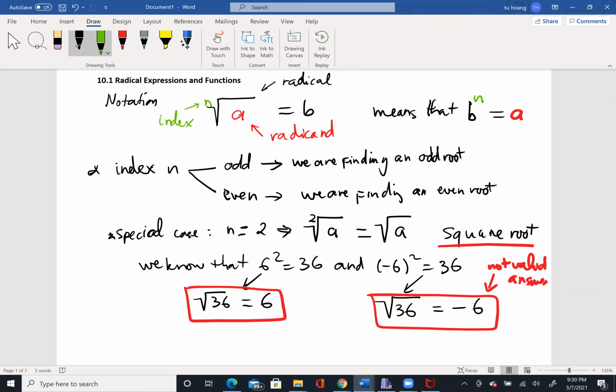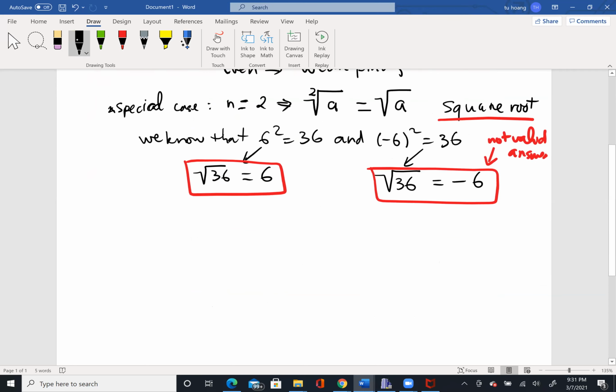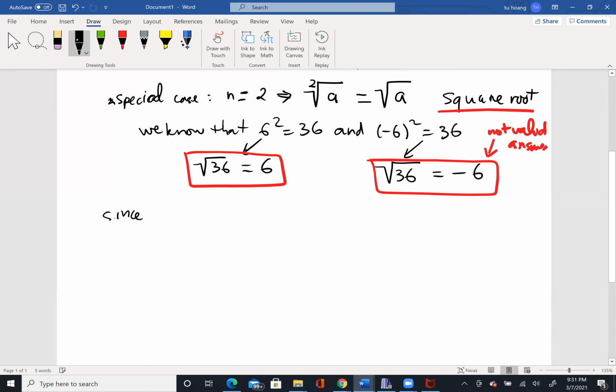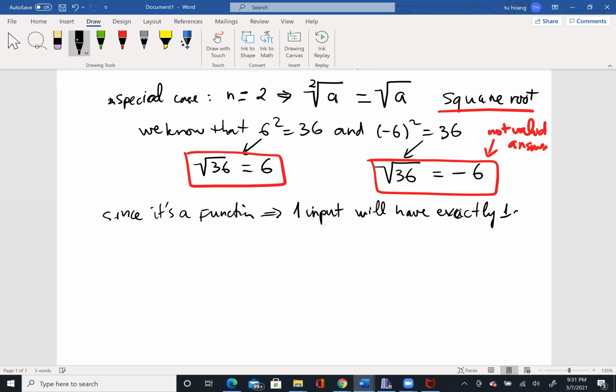Because why? Because we are talking about functions, right? And since it's a function, one input will have exactly one output.